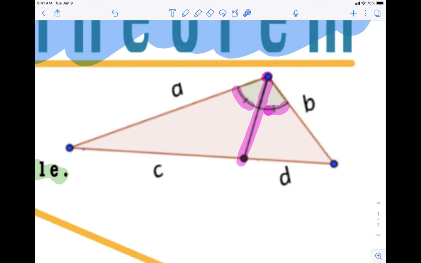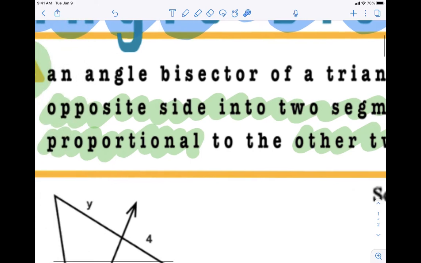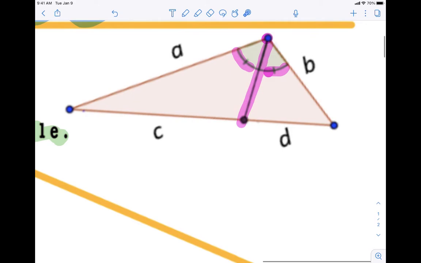Now the word proportional, right? So proportional means that there's a relationship, there's a balance.